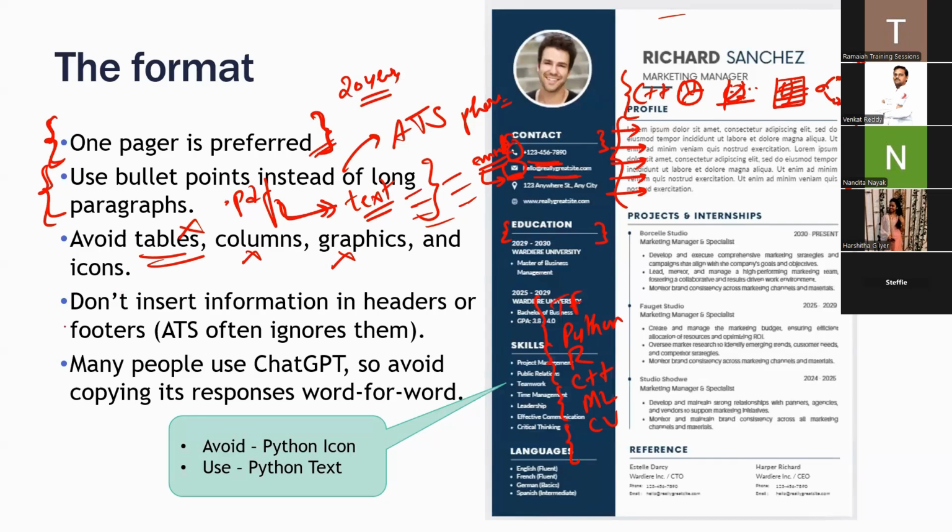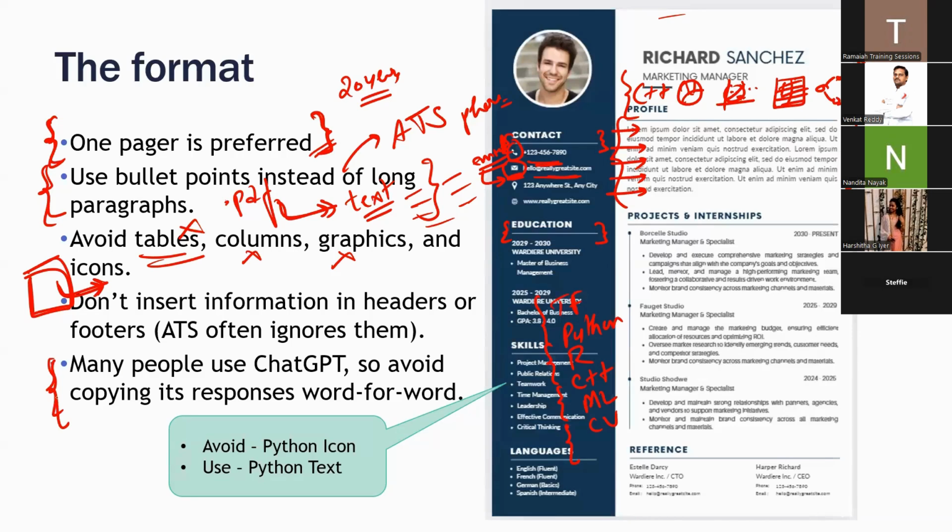Okay. And what I have observed recently is everybody is literally using ChatGPT. They're filling all the information and ChatGPT is giving the output and people are just using that CV. Now it has become a headache for the companies or for recruiters to find out which one is genuine, which one is ChatGPT generated.